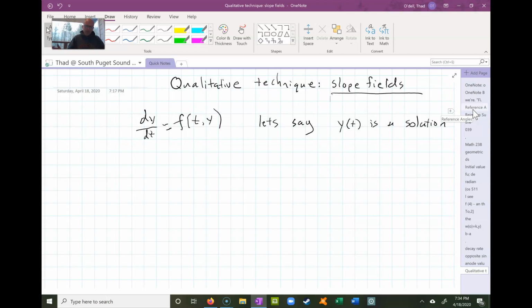So the idea with a slope field is, let's say we have a differential equation that's dy/dt equals some function of t and y, and let's say that y(t) is a solution.